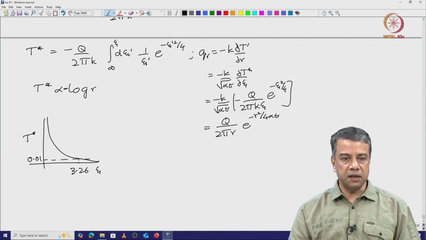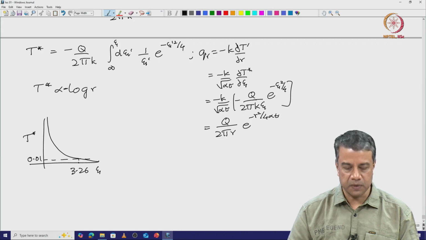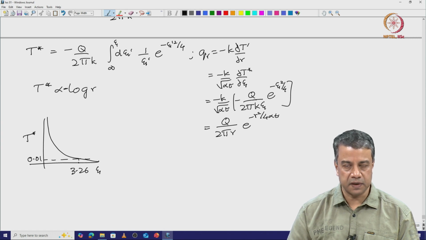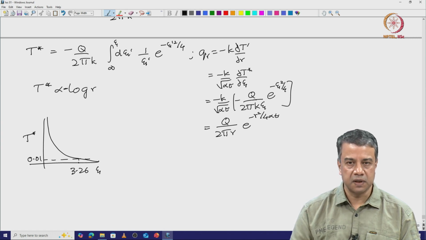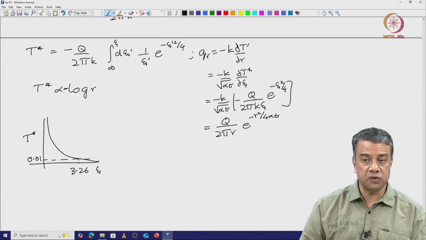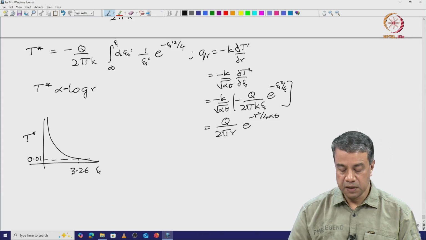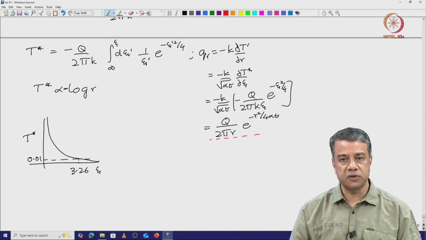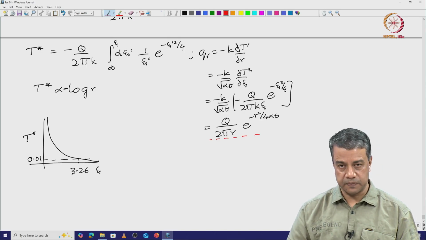In the approximation of an infinitesimal wire, the temperature increases as minus log of r. Log of r is negative for r small, so it increases proportional to minus log of r. Heat flux increases proportional to 1 over r as r goes to 0.